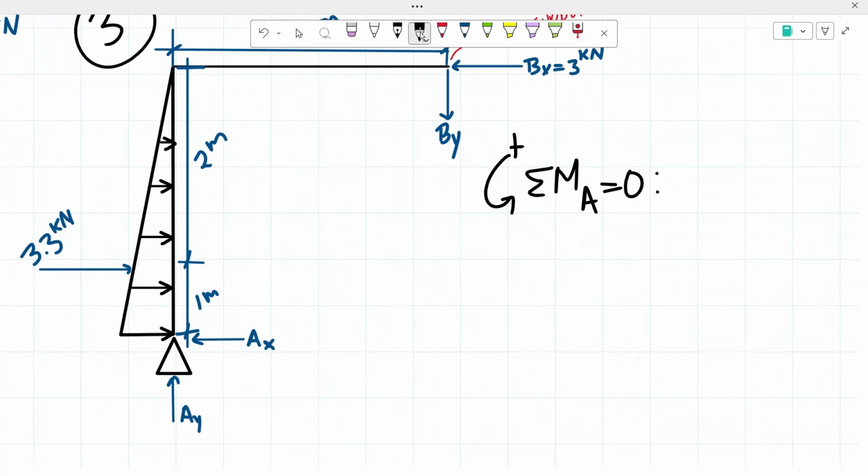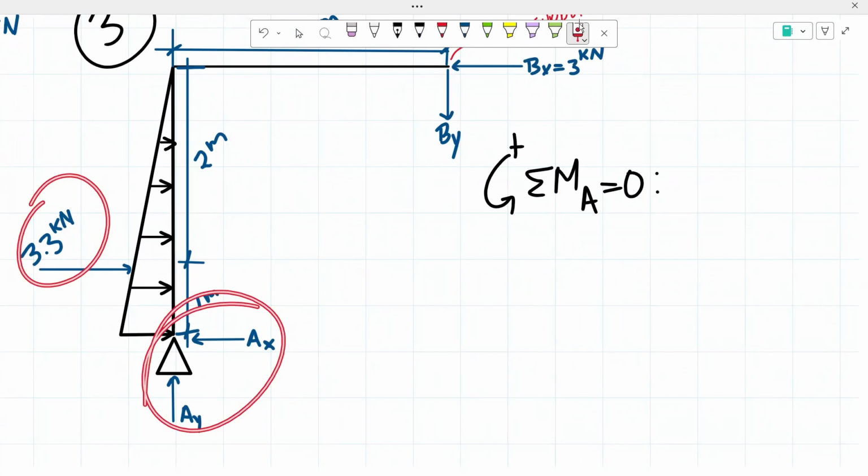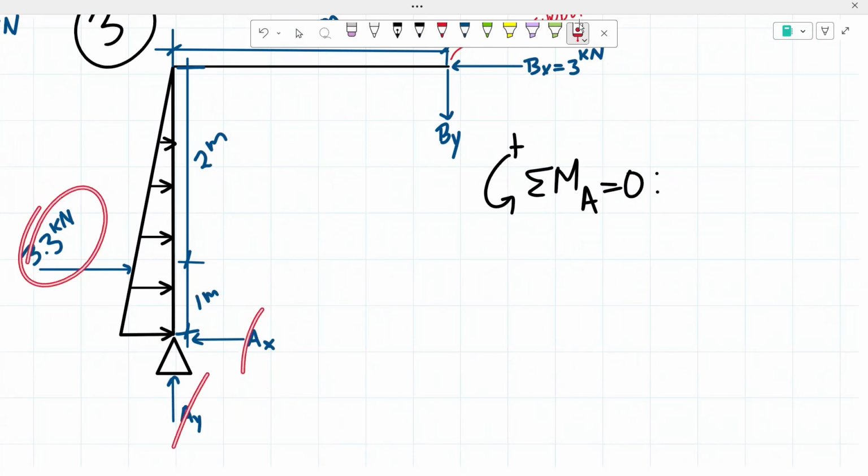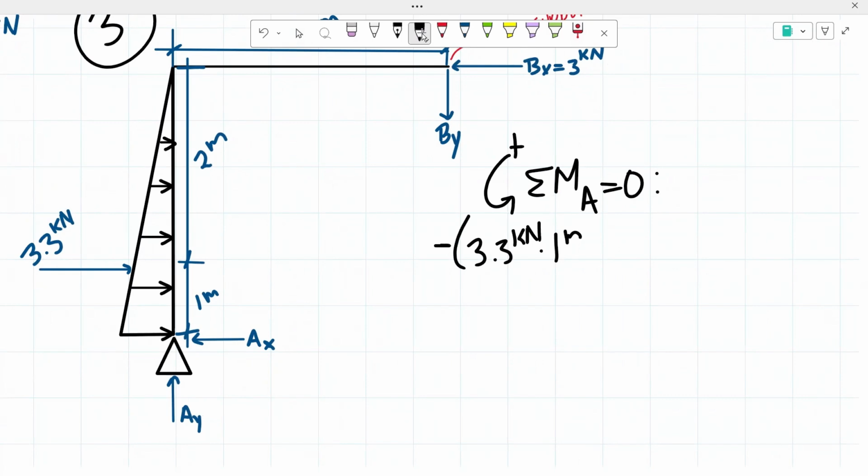So my concentrated force will be creating a moment. Remember, our reactions at A will not be creating a moment, so we're not going to do anything with them. My concentrated force will be creating a clockwise moment, meaning a negative moment, with a force of 3.3 kilonewtons, and then the distance is 1 meter.